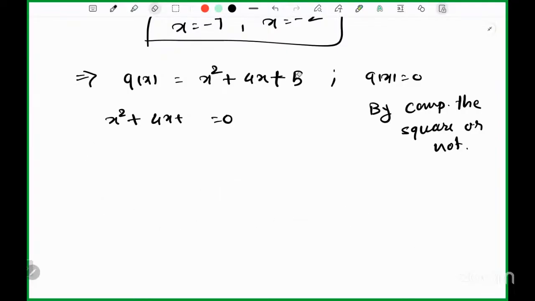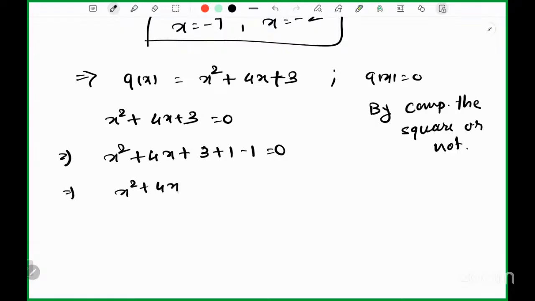So again add and subtract 1. 4x is there plus 3 plus 1 minus 1 is equal to 0. Why are we doing this? So that we will get 2 square. So it's simply x square plus 4x plus 4 is equal to 1. Now I can say it's nothing but x plus 2 the whole square, which is equal to 1.